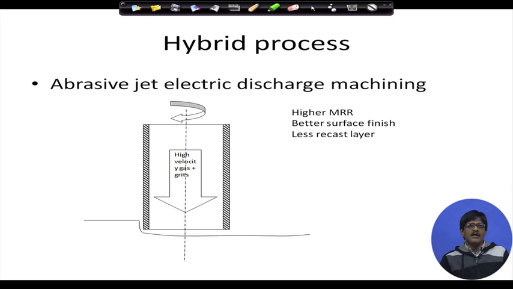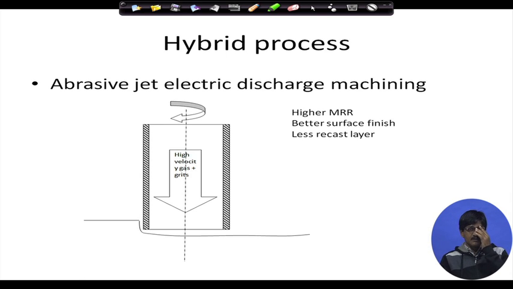First of all, as the medium is gaseous, sparks will be flying between the tool and the workpiece across the gaseous medium, and this is called dry EDM.